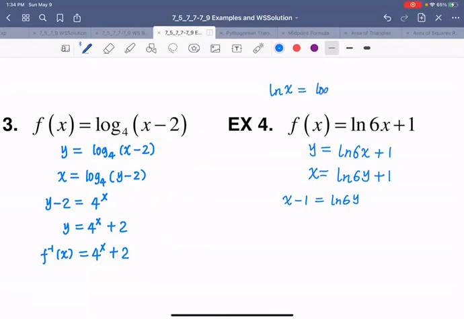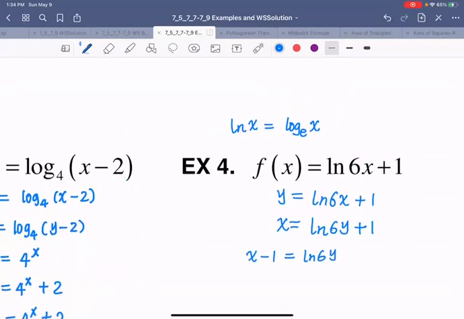That means it is log base e of x, okay? So if you have log base 10 of x, by default you don't need to write down 10. You say log x. If you have ln x, that means you have your base of e. And this means log base e of x.